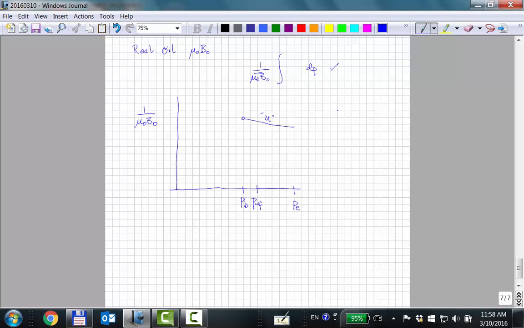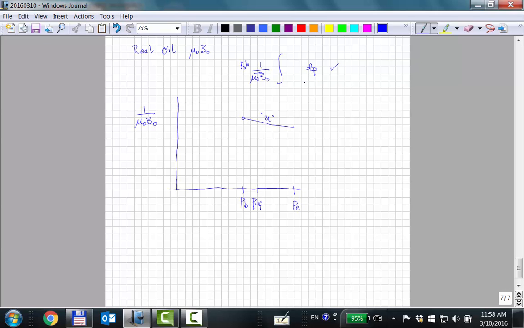But what happens if you go below the bubble point? Everything gets more complicated because you have two phases. You have oil phase, you have oil relative permeability. So now the permeability, you've got kh out here. Now ko is not constant. Depending how low you go in the pressure below the bubble point, you get more and more gas. The oil permeability goes down, down, down.